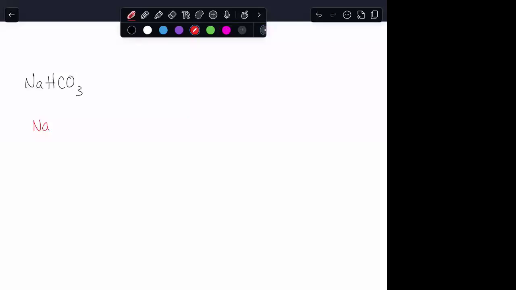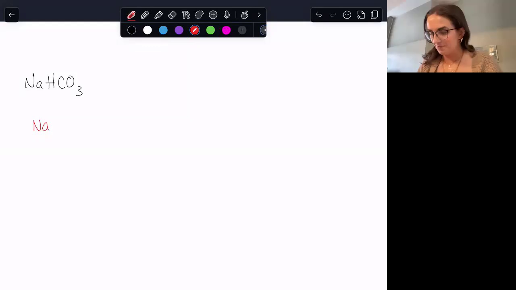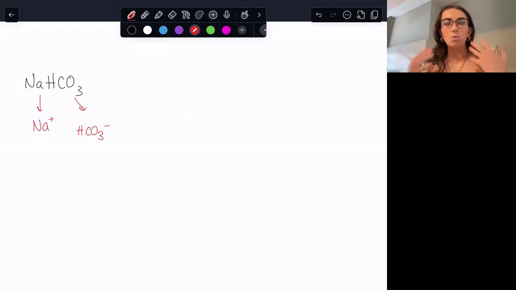Yep. Sodium is a metal that's in our group 1, so that's going to be sodium plus. And then, since we have a neutral compound, this must mean that HCO3 minus is our anion component of this. So once you break those apart into your cation and anion, you want to say, what does this come from? Okay.